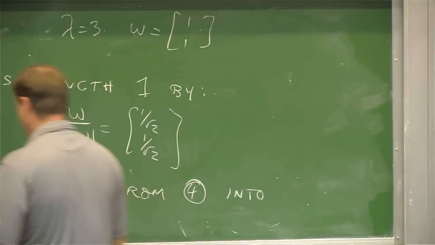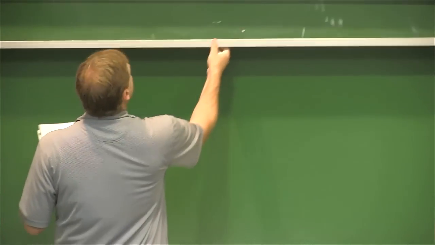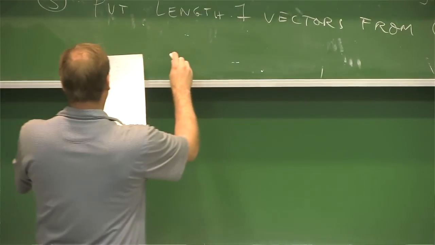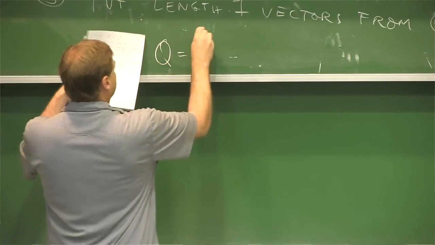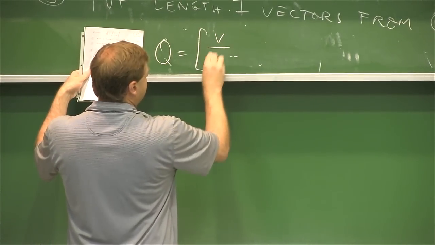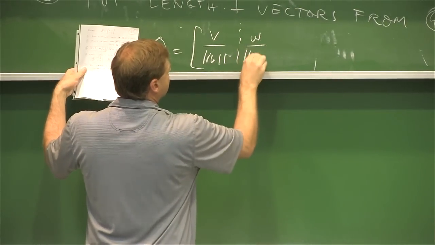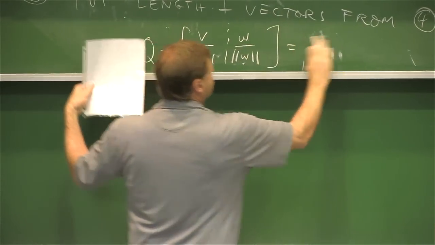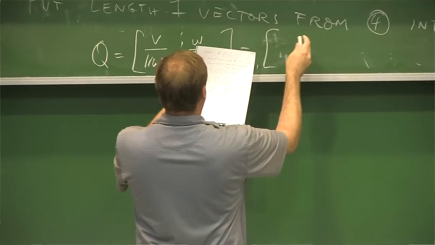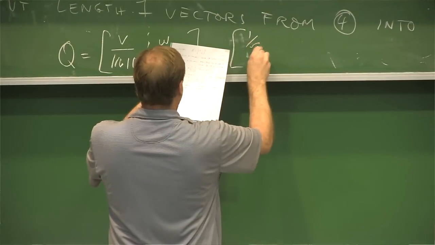into here, Q. If you want, you can write them out. It's V over length of V, W over length of W. And that turned out to be this matrix here. I'll put it up above in a second.